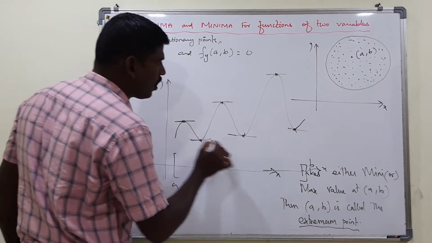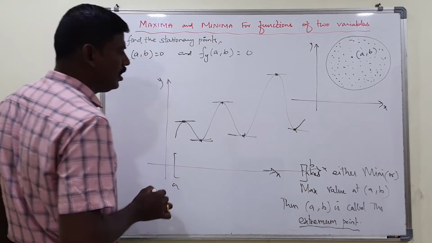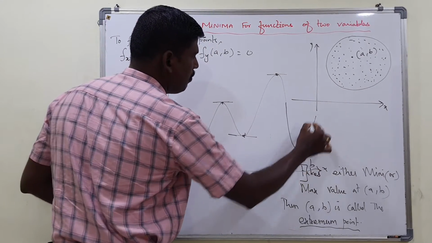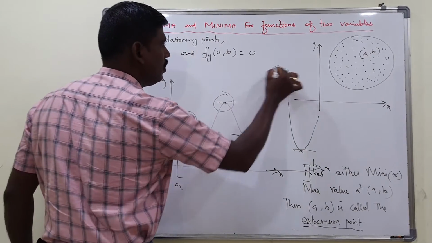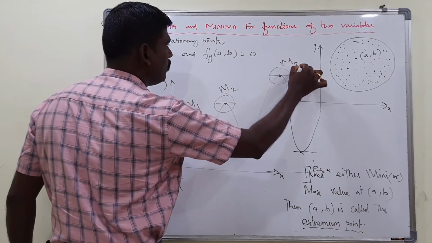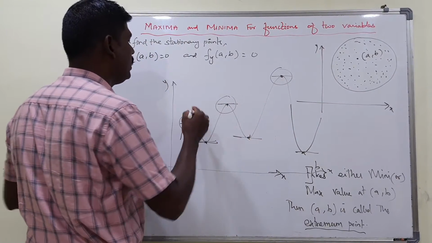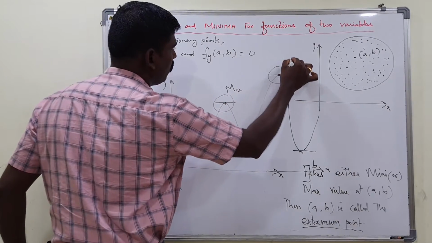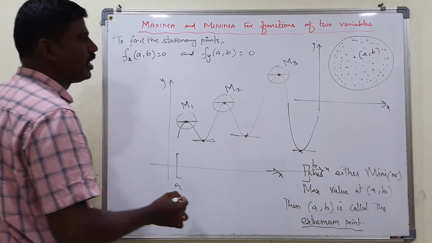But overall, these are the maximum points, and these three are the minimum points, isn't it? Among these three maximum points, let us take this as M1, this as M2, and this as M3, capital M, because it is a maximum point. So these three are maximum values of this function in the interval a comma b.